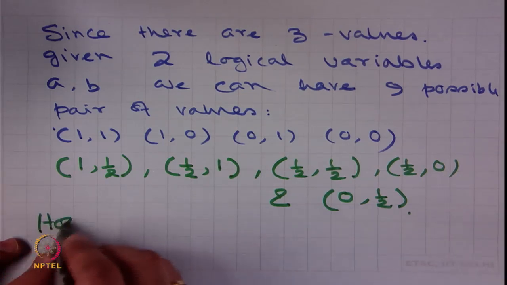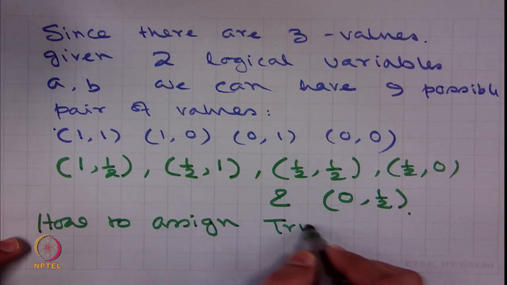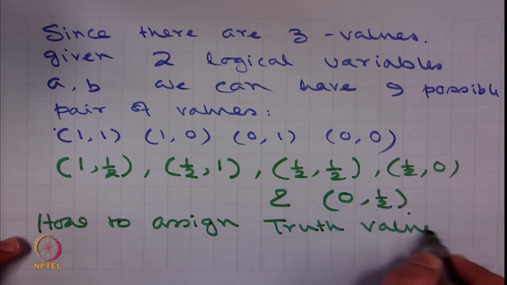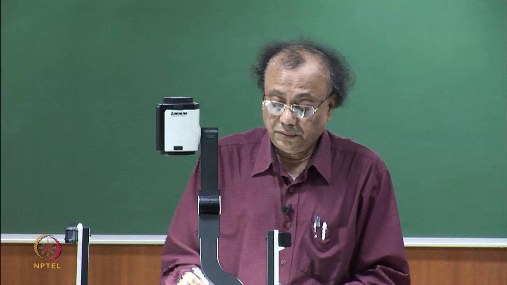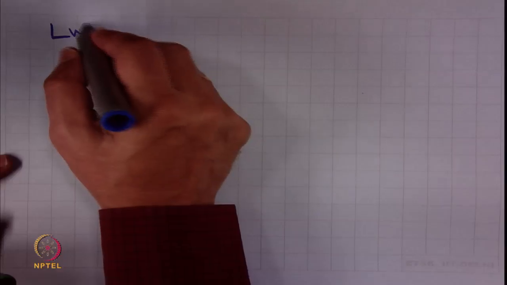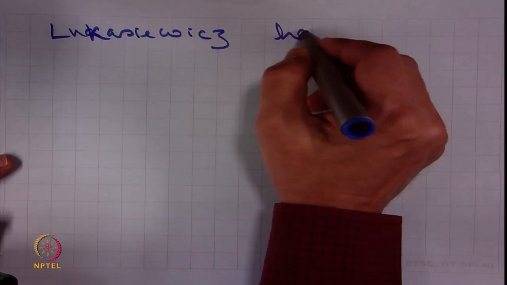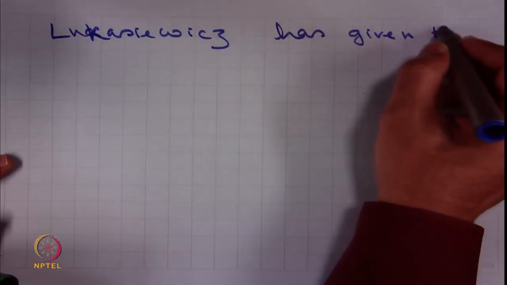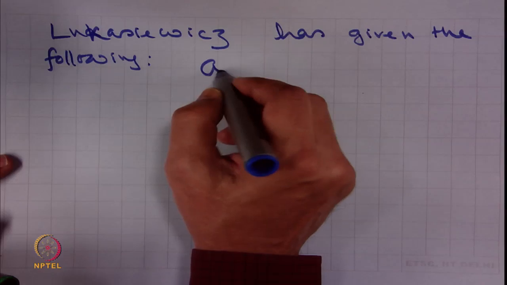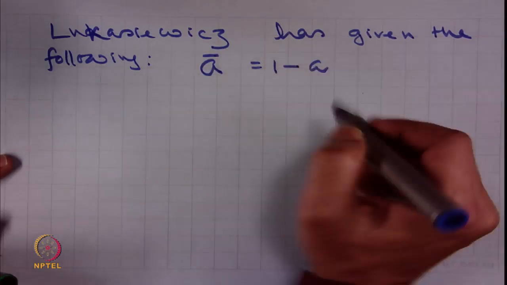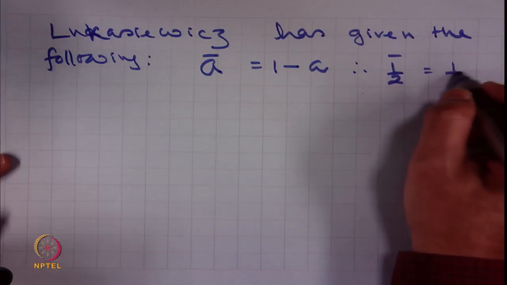How to assign truth values for these? Lukasiewicz has given the following: A complement is equal to 1 minus A. Therefore, complement of half is equal to half.